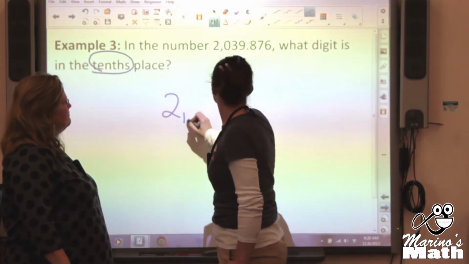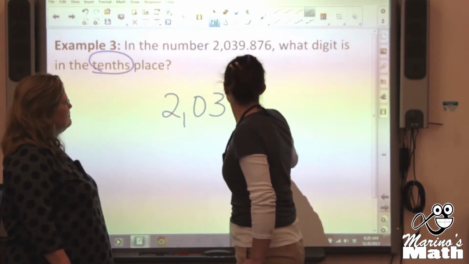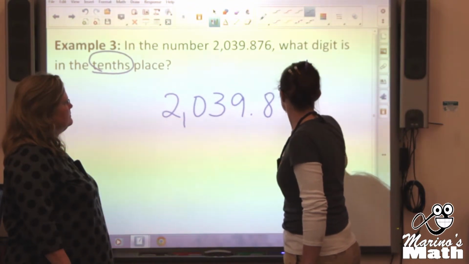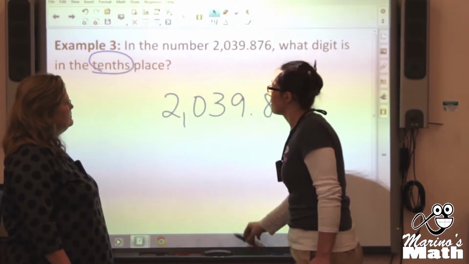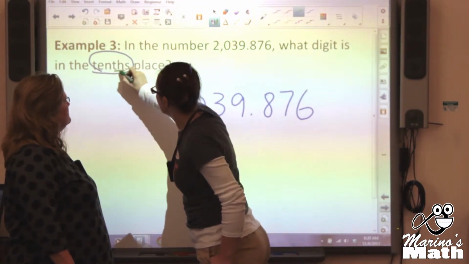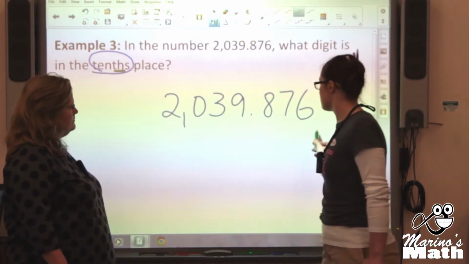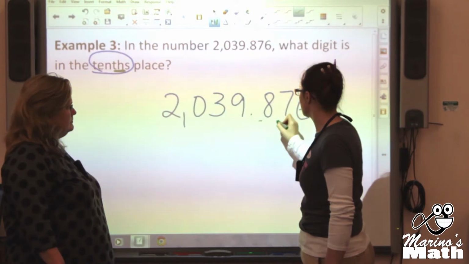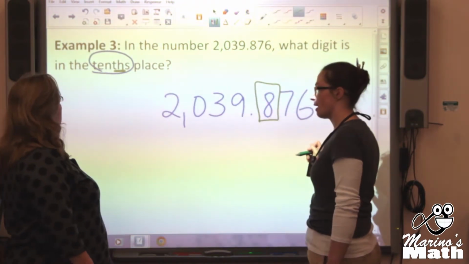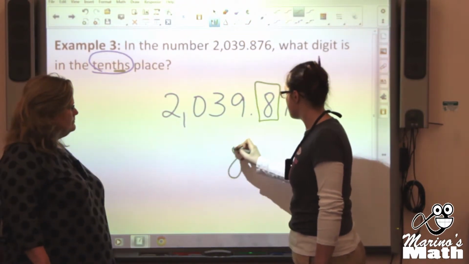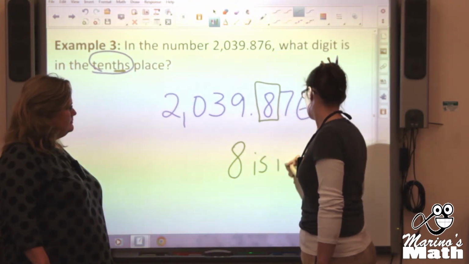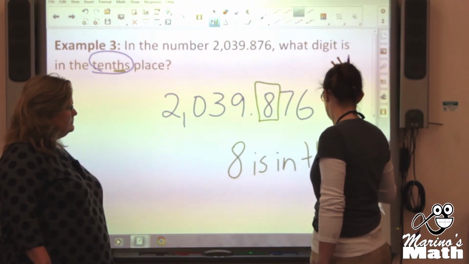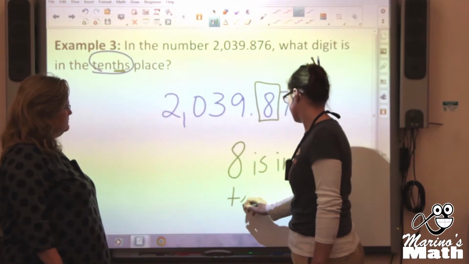So I'm going to write it back out. Because I have a TH, that gives me a clue that I'm going to be to the right of my decimal place. And tenths, I know, would be the first one, which is the 8. So my 8 is in the tenths place.